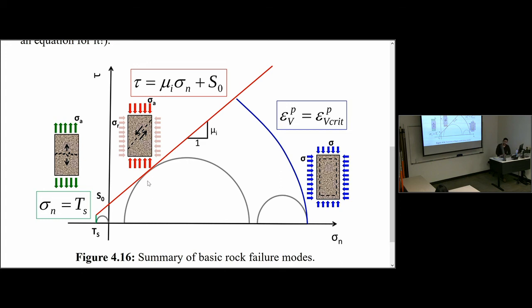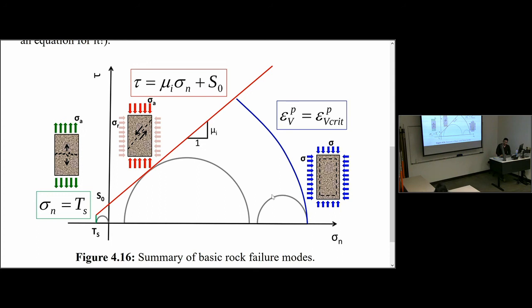In that case, the diameter of your Mohr circle is big, and you may run into shear failure. And that will be when the state of stress, or the Mohr circle, meets the shear failure line with this equation. And in that case, we're going to have shear failure.